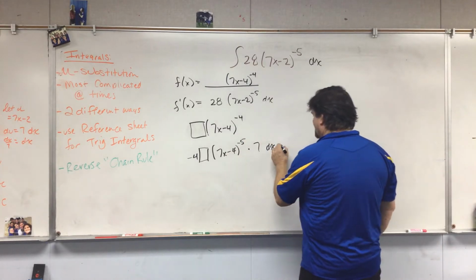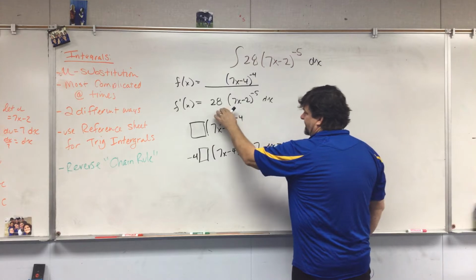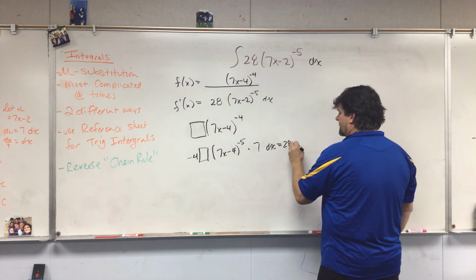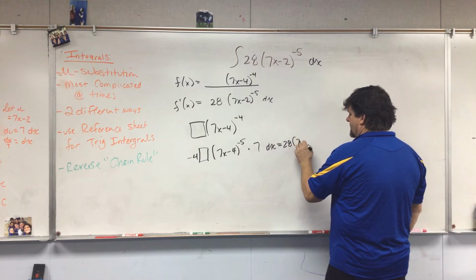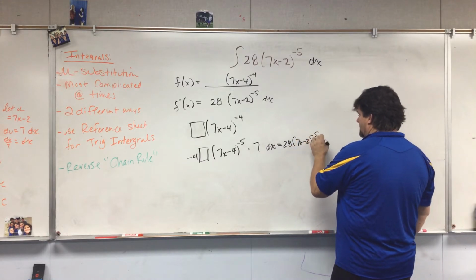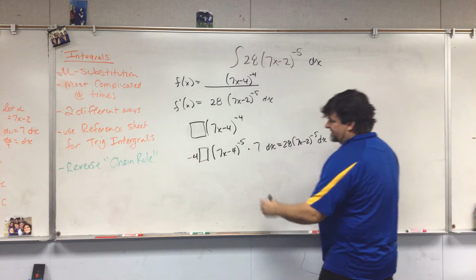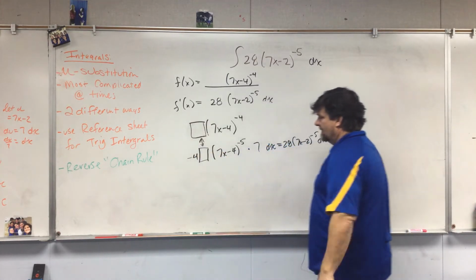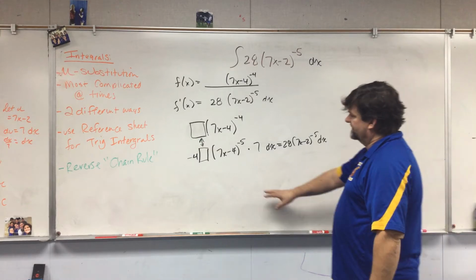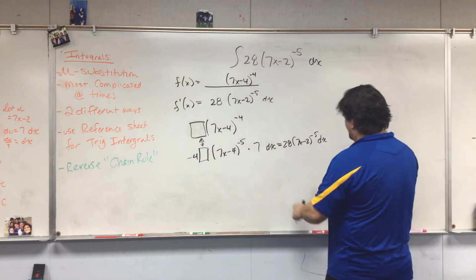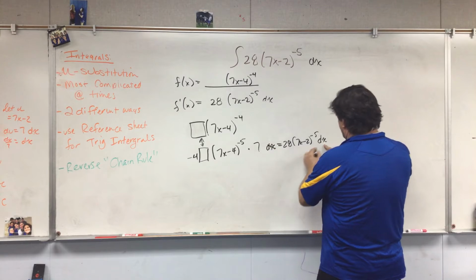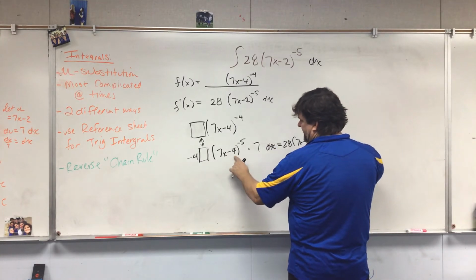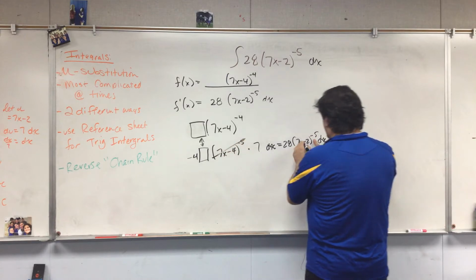And if we set that equal to the other derivative that we know is true, we end up with this. I can solve now for this missing piece. This is the missing link right there. So if I start looking at stuff, dx divided by dx, they're going to cancel. 7x minus 2 to the negative 5th over 7x minus 2 to the negative 5th, they're going to cancel.